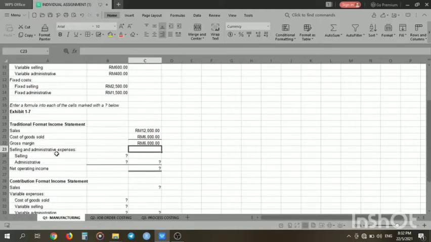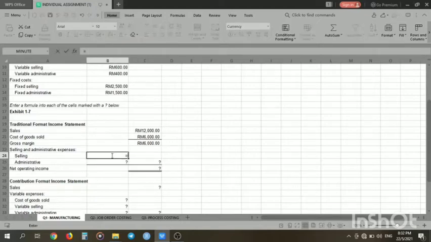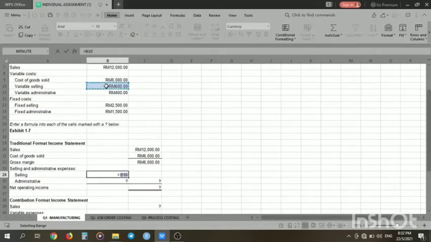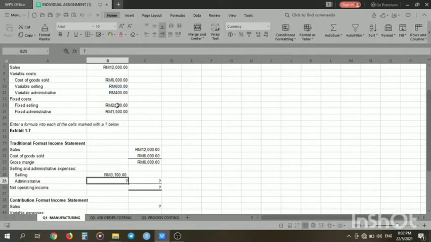For selling and administrative expenses, the selling amount should be the total of variable selling plus fixed selling, equal to 3,100. For administrative expense, variable administrative plus fixed administrative.